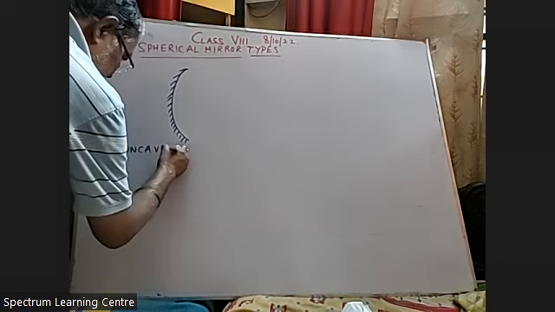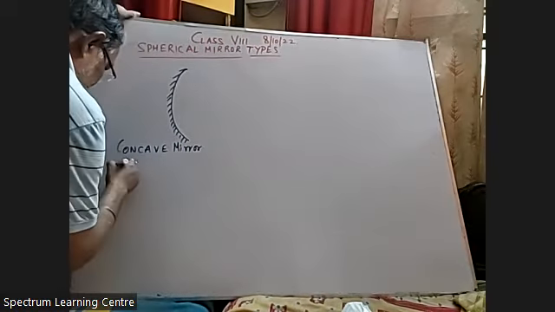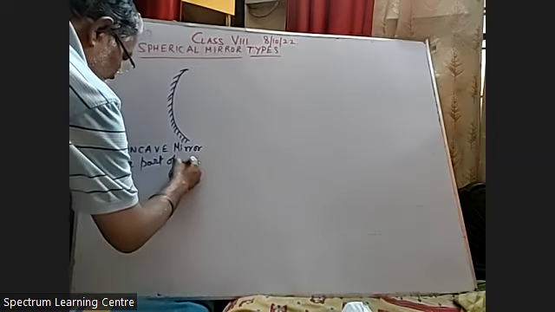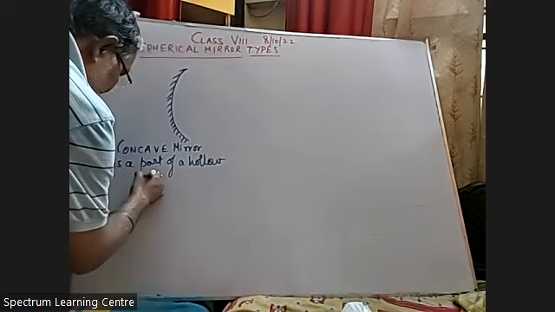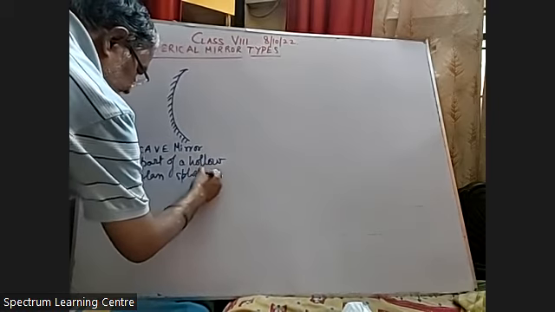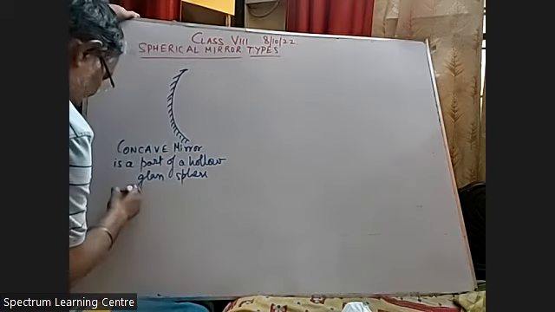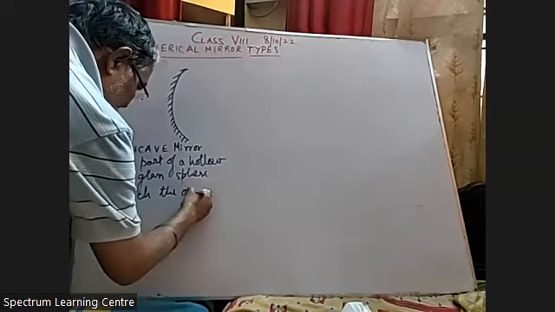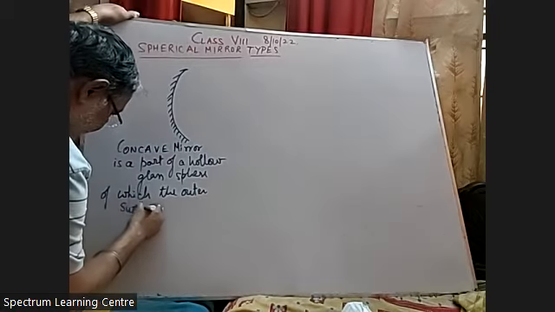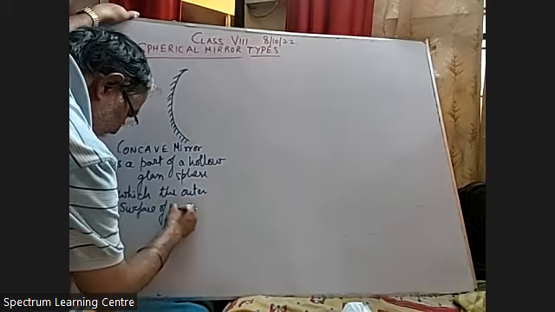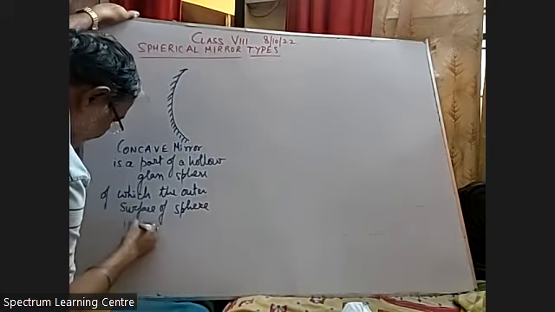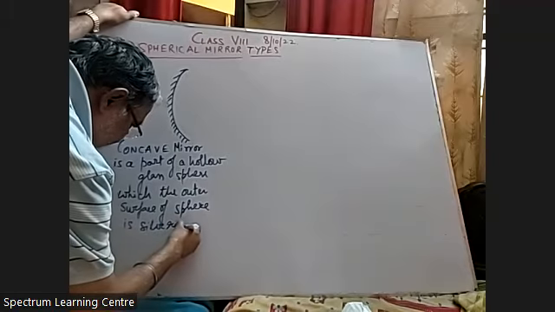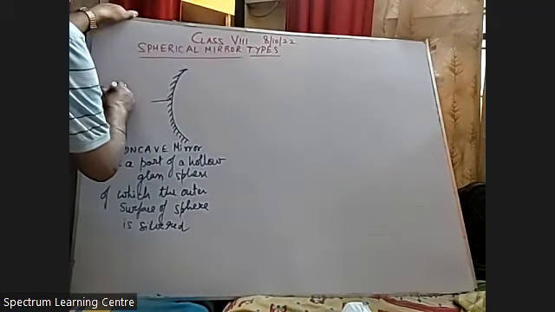A concave mirror is a part of a hollow glass sphere, of which the outer surface of the sphere is silvered. Now this becomes the silvered surface.